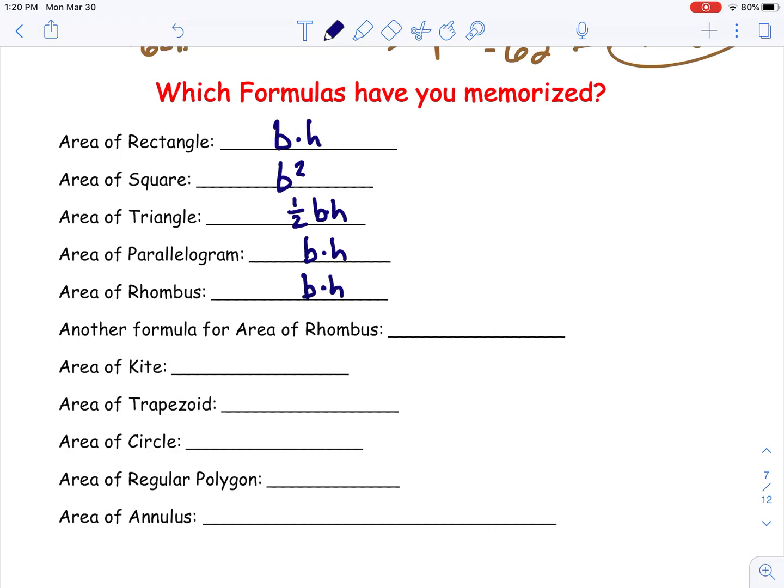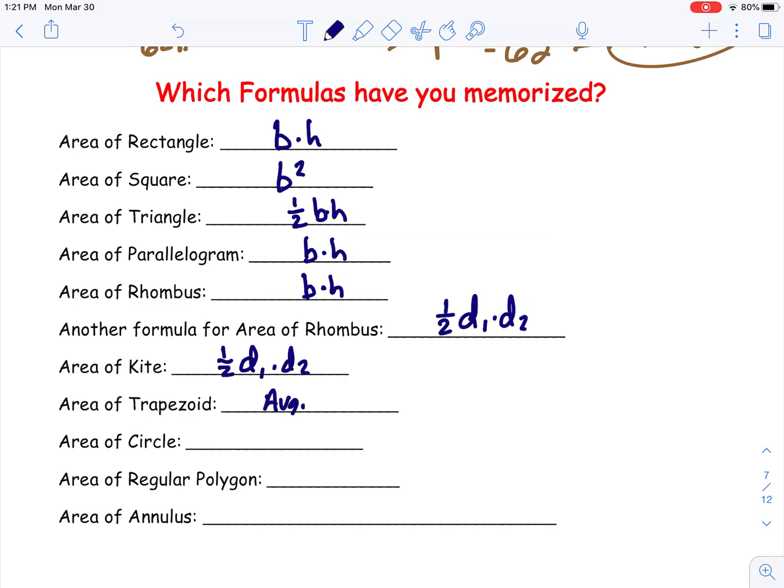A rhombus is also a parallelogram, so it's base times height, or it's also like a kite. We can also think about the size of the box that surrounds it, and it will be half the product of the diagonals, which are the dimensions of the box. Same for the kite.